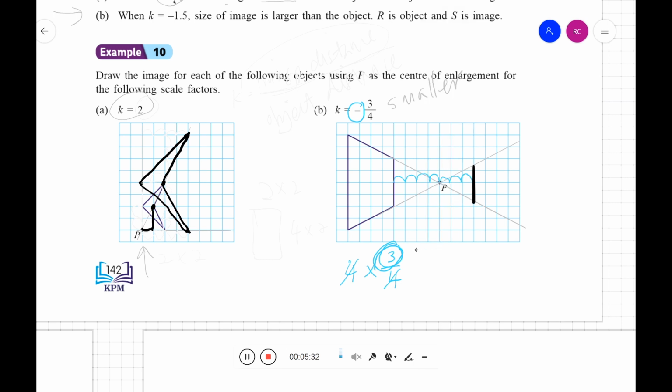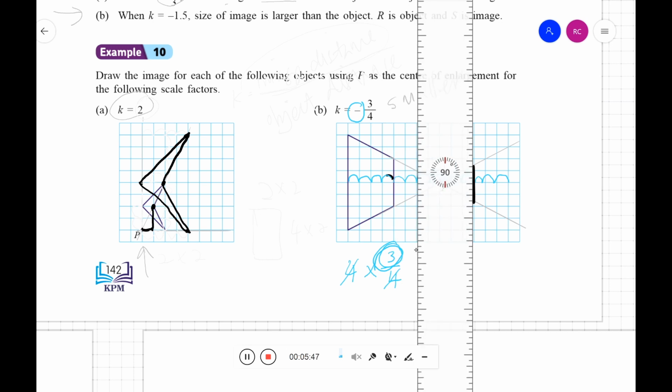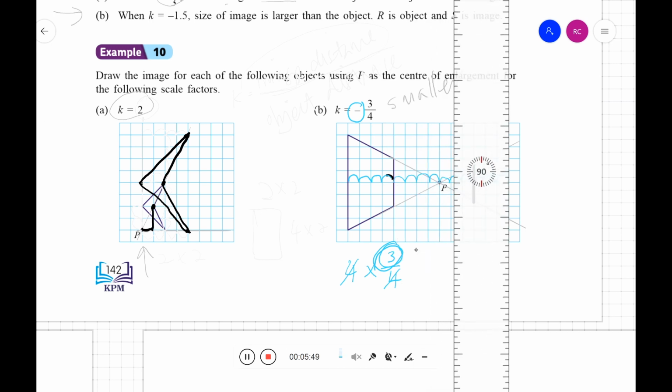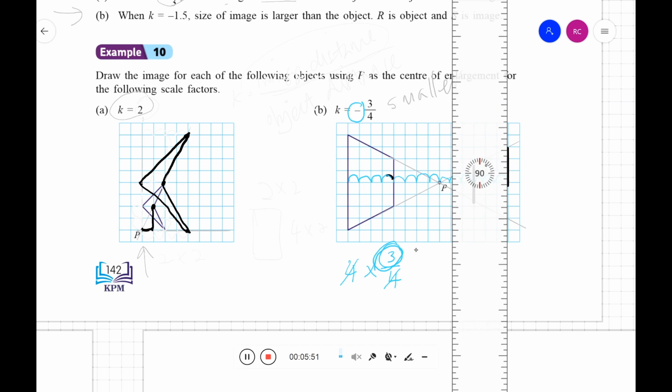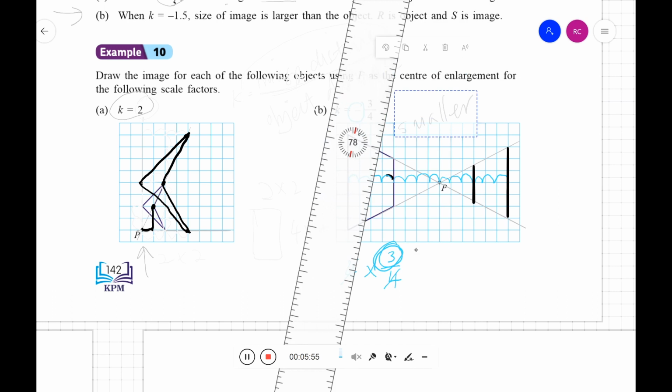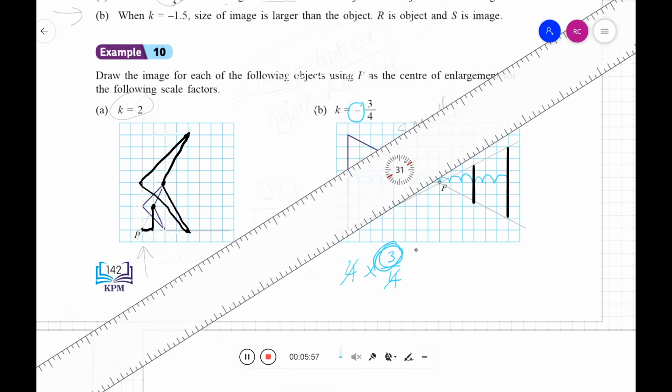To get the rest, you can see the horizontal distance is 1, 2, 3, 4. Also 4. 4 times 3 over 4, we are going to get 3. So 1, 2, 3, you just draw the line. Okay, so I'm going to use black also. Make sure you can draw your image clearly. Now, lastly, what you need to do, just join them up.